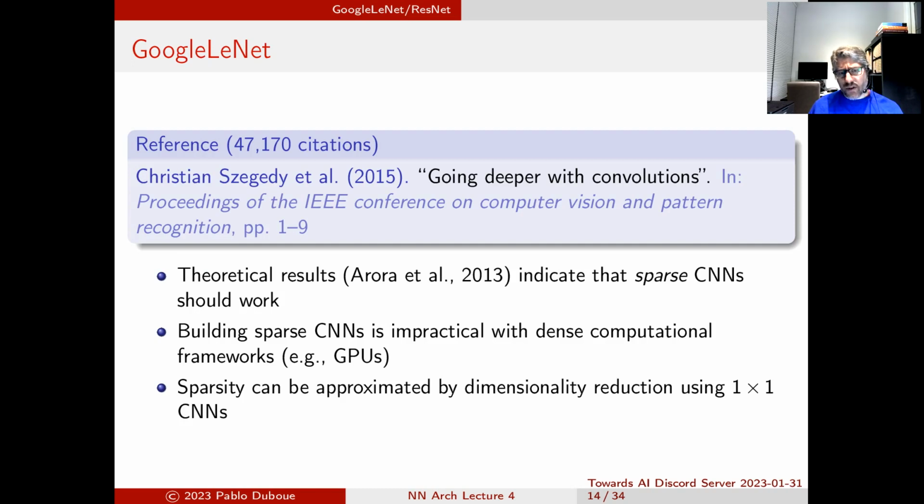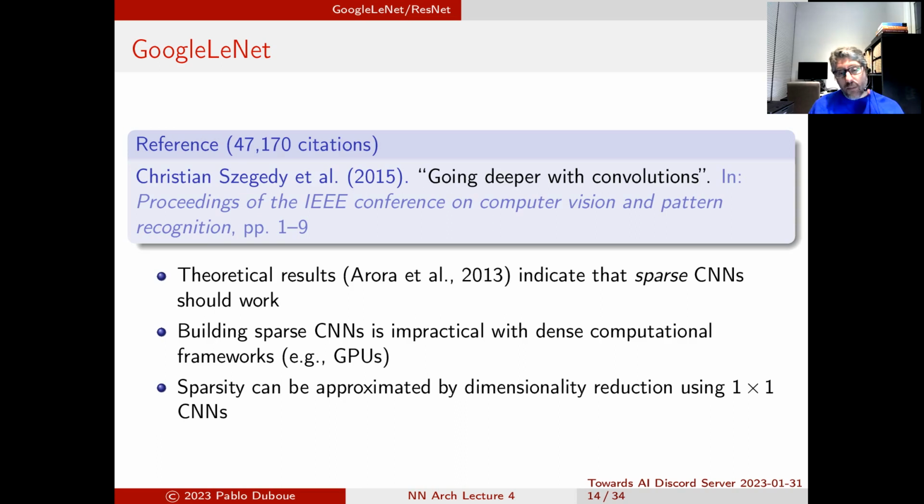Inception architecture has received 47 citations. The name itself is a meme. It's "Going Deeper with Convolutions", and the idea of Inception is because around that time the Inception movie also came around. But this is a very serious paper with very serious results.